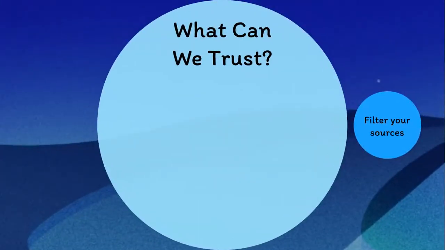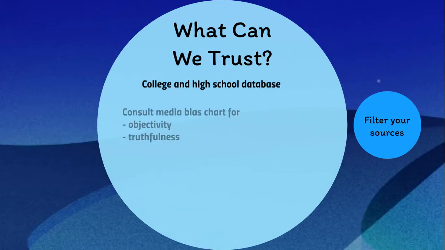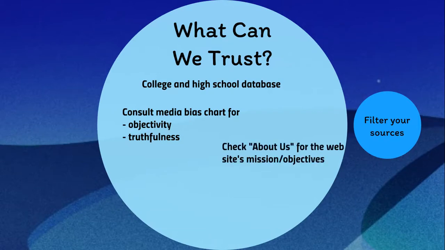What can we trust? How do you know what you can trust? Well, first of all, your stuff that's on the college and the high school databases, yes. And I did send you a media bias chart. You can look at that for a publication's objectivity and truthfulness. Also, look at the website's About Us section.